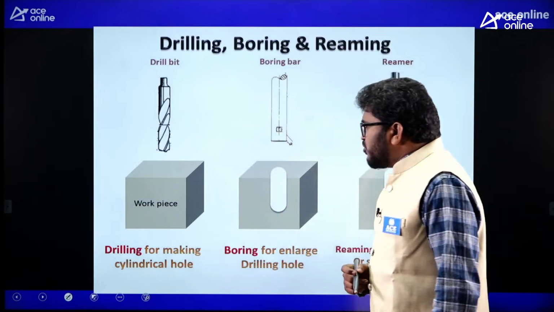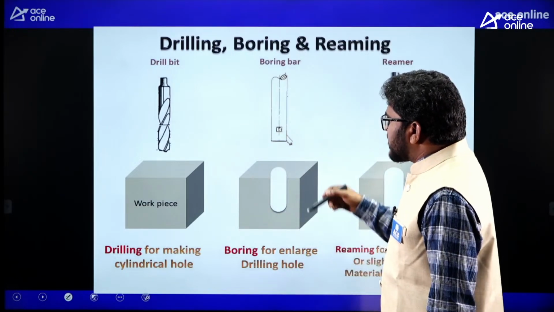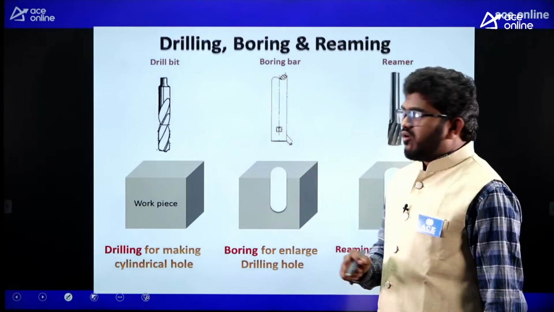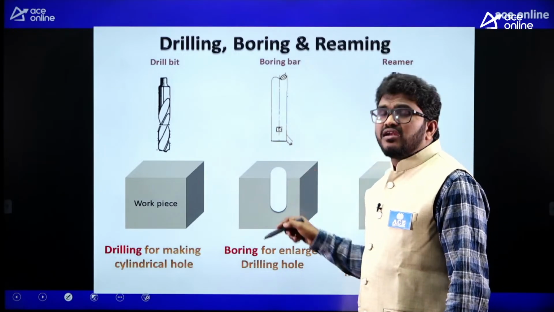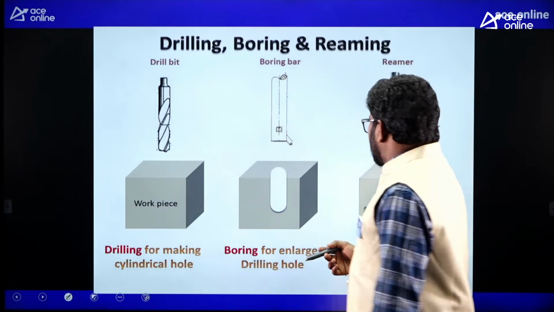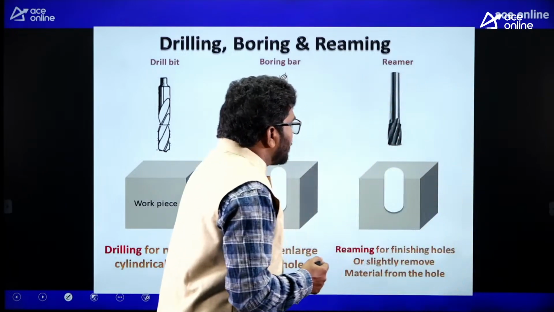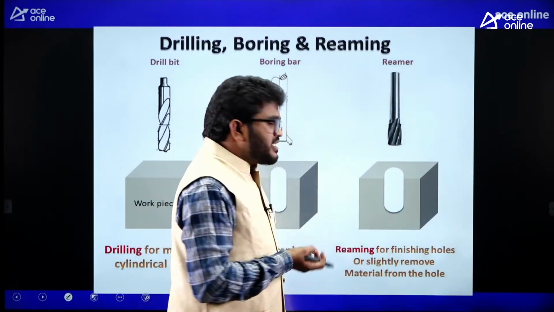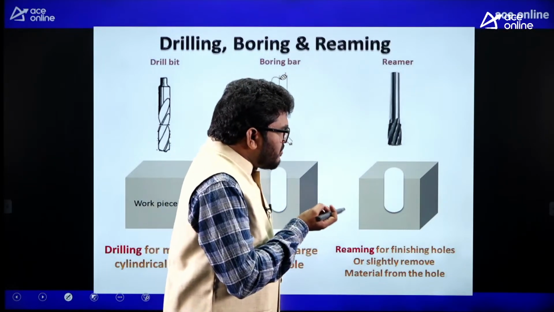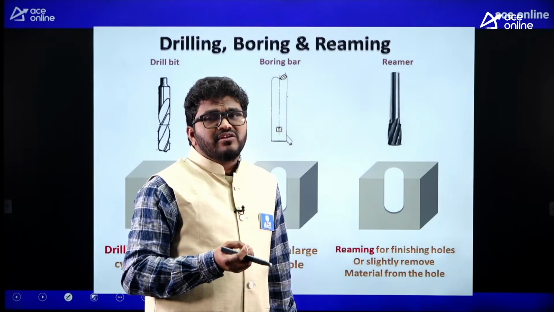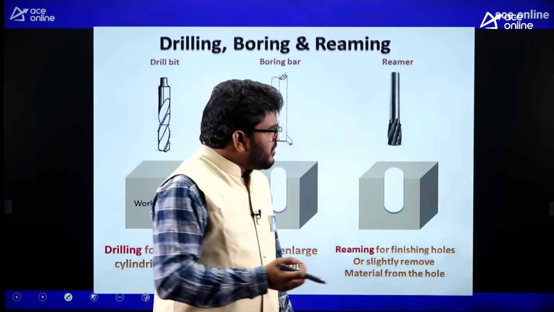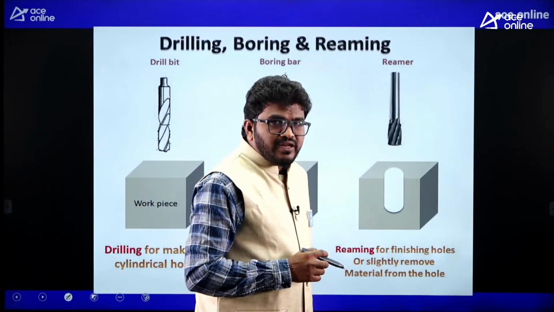Boring is when we enlarge the drilled hole. Already a hole is there, we are just enlarging its diameter. And reaming is slightly enlarging the hole. If we want to increase the diameter slightly, 0.5 mm or 1 mm, you can go for reaming, right?